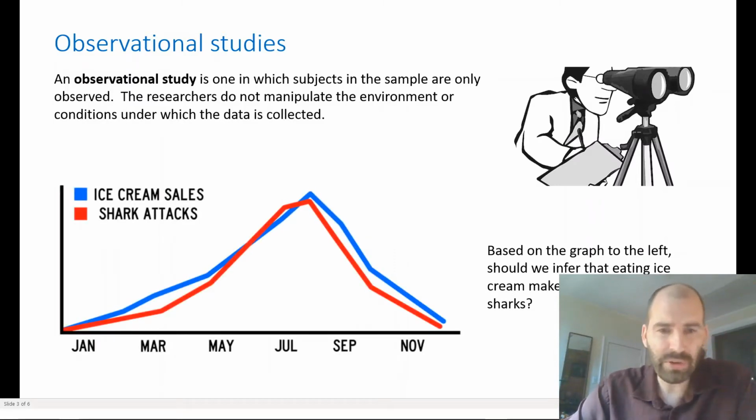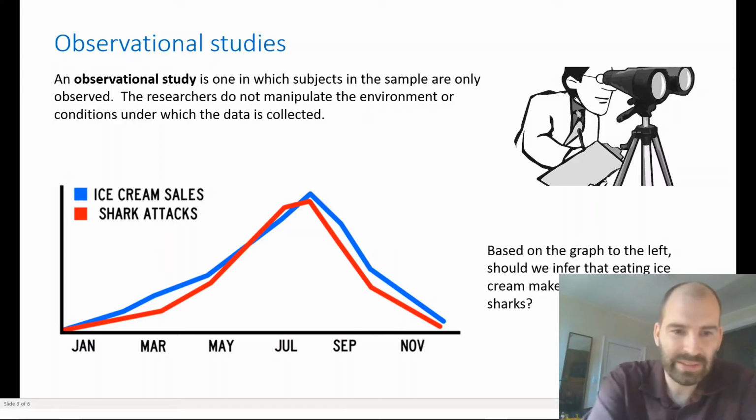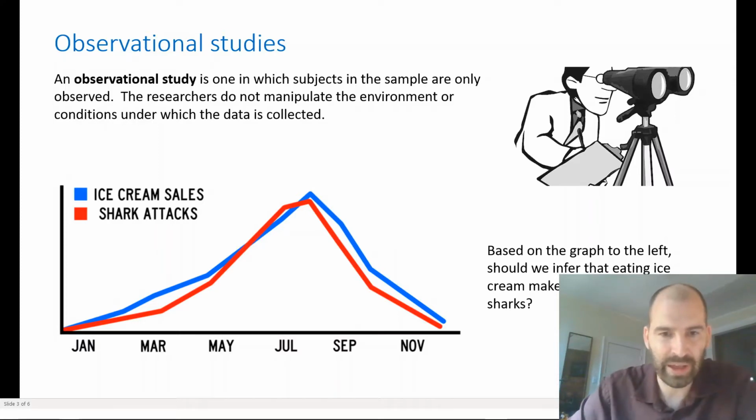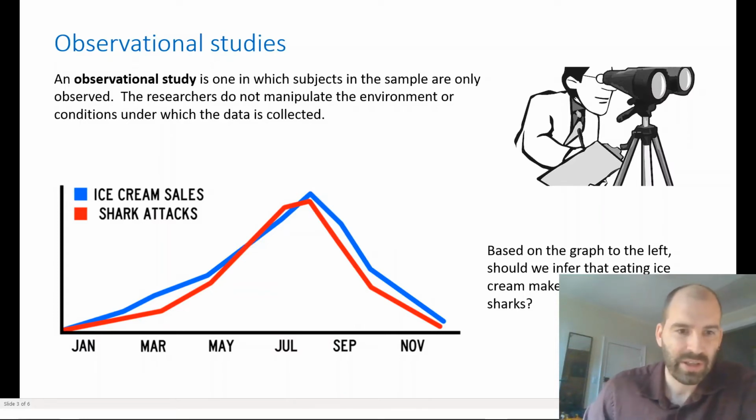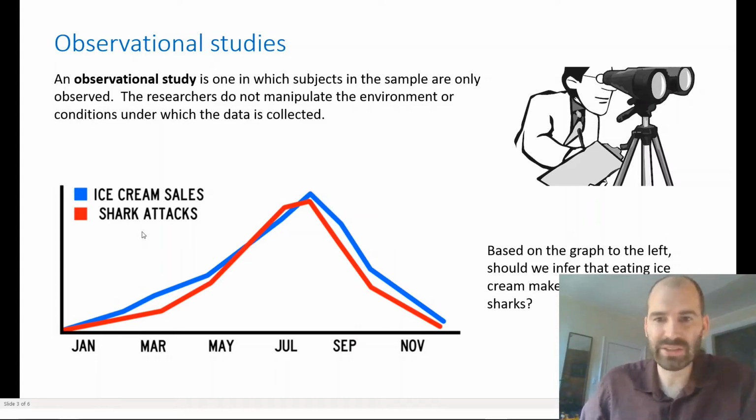So what I want to do, I want to look at this graph here. I want to point out something that we have to be careful about when dealing with observational studies. So this is an interesting graph. It's a made-up graph, but you could imagine that something like this would probably be pretty accurate. So here we have, as time goes on down there on the x-axis, we're plotting two different things: shark attacks and ice cream sales.